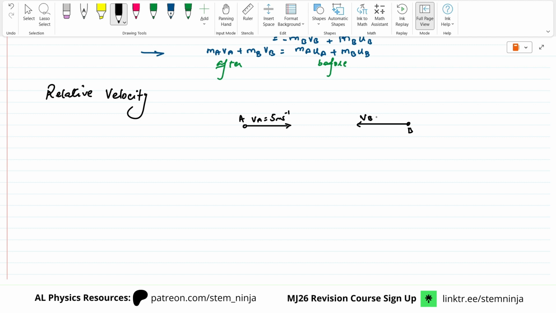Let's say v_B is equal to 10 meters per second. Since we're talking about relative velocity, we are going to be talking about the velocity of one object with respect to another.